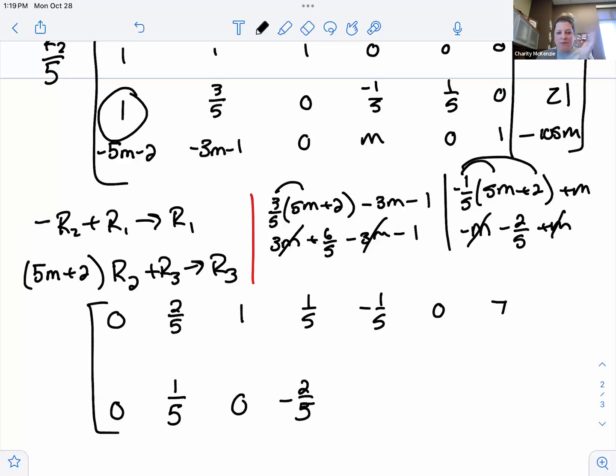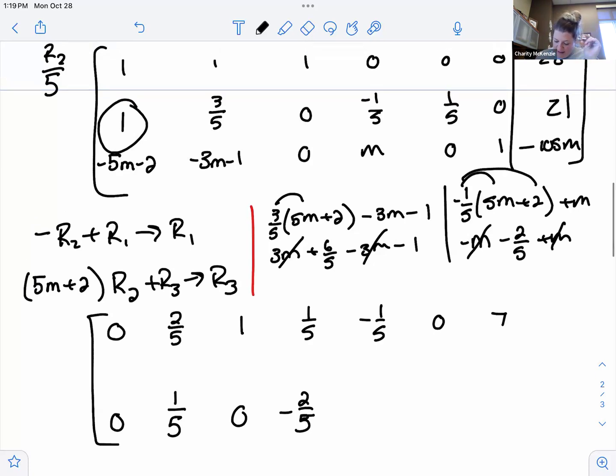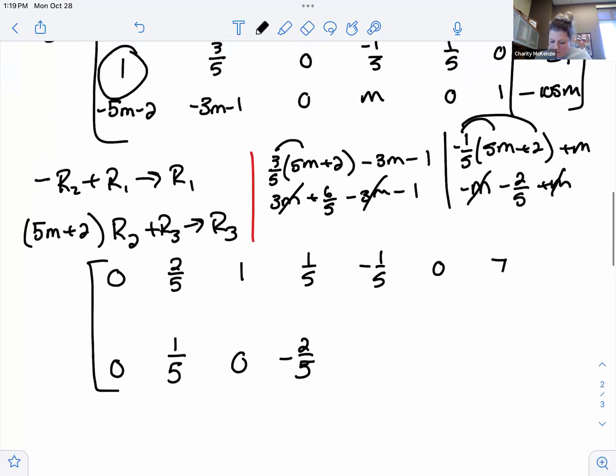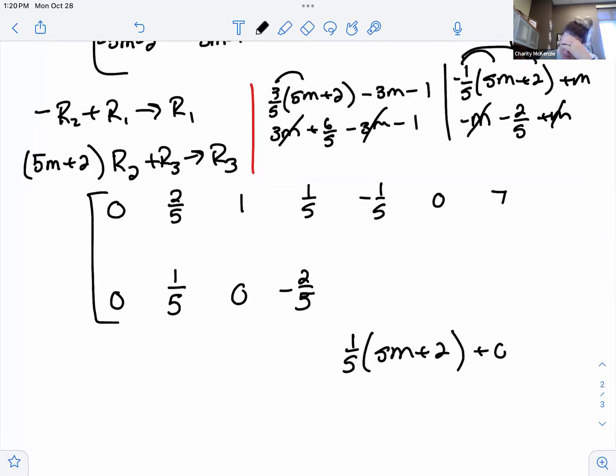So we're over 1, 2, 3, 4. So now we're on the 1/5. I'm kind of running out of room, so I'll do it down here. We have 1/5 times 5m plus 2, and then we add it to 0 for our next one. So this becomes just m plus 2/5.